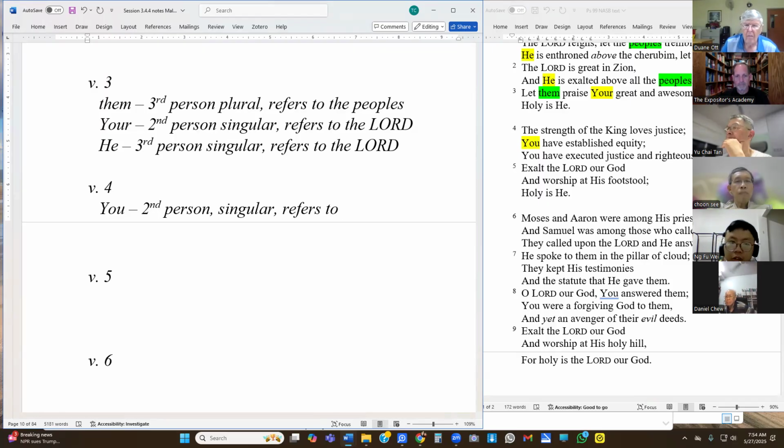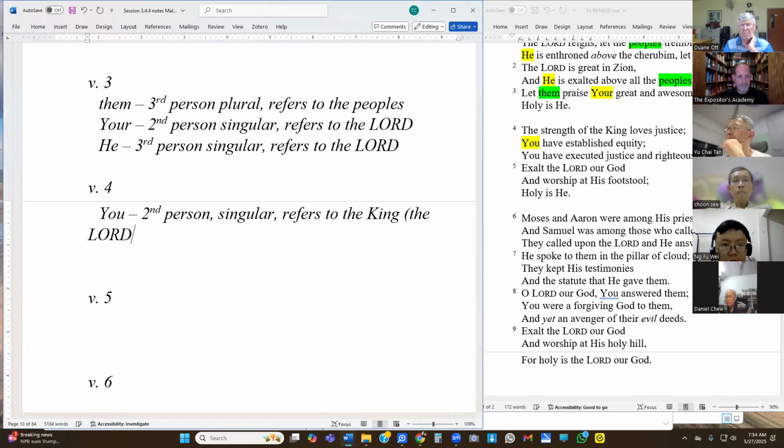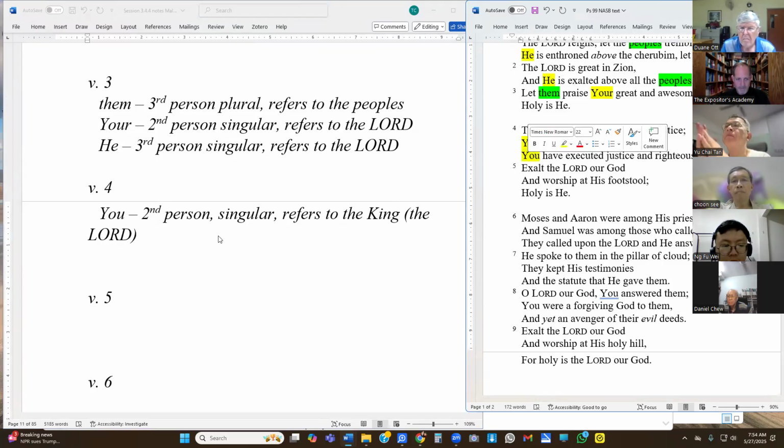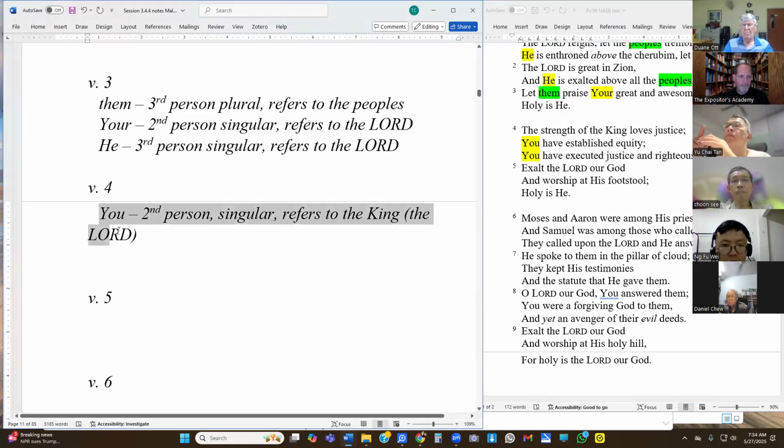Refers to the king. The king, yeah. And again, this would be speaking to the Lord, right? Yep. From verse 1 as well. Okay, good. Any others? Again, the second one, the repeated you also has the same case.